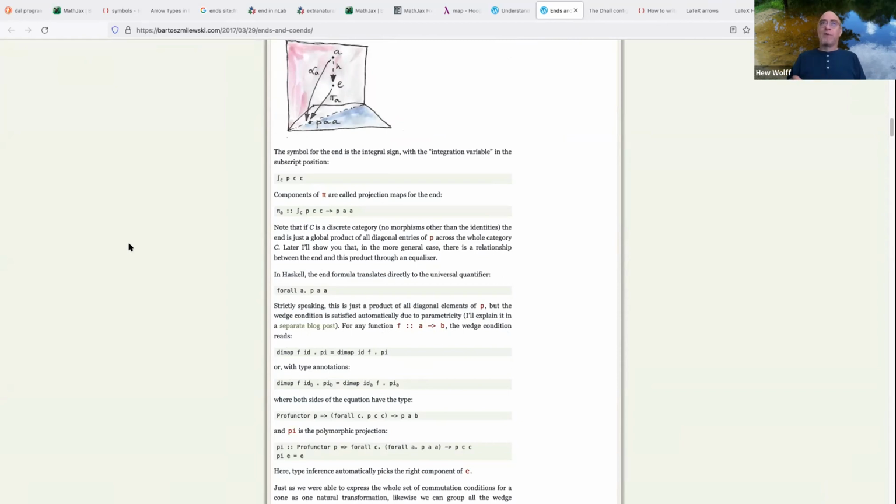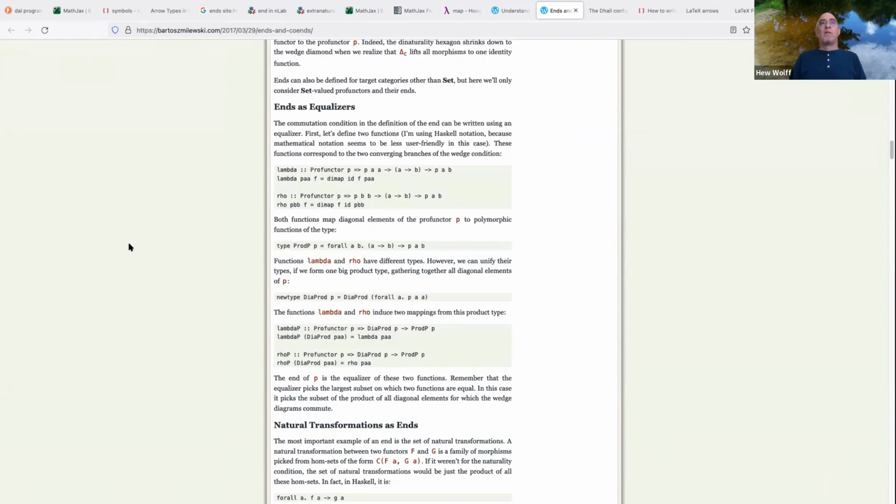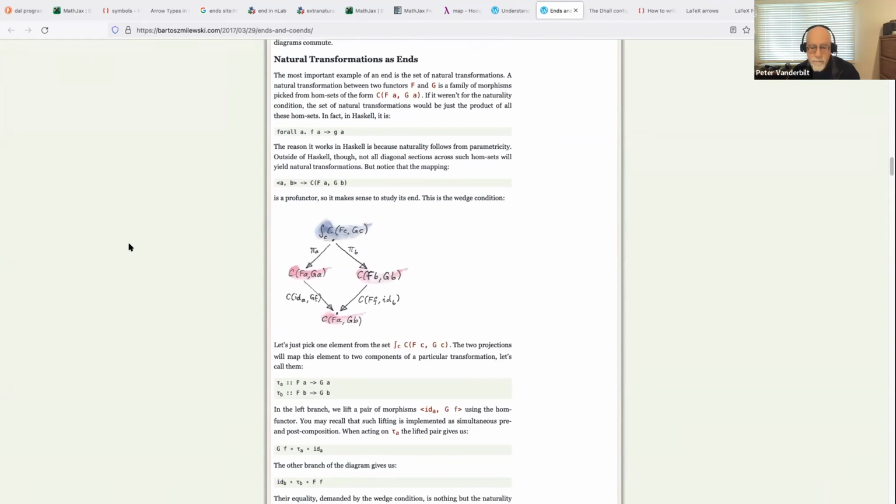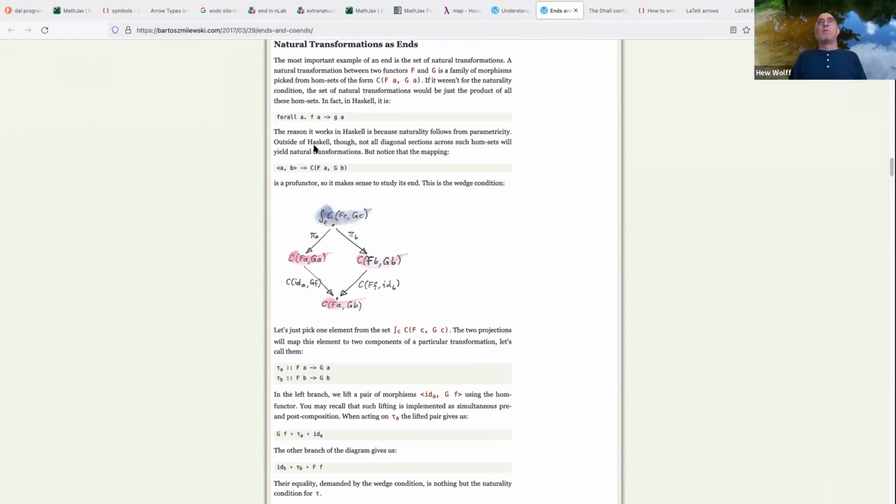This is the one that you mentioned, Yoneda, where if you choose this to be your profunctor for some functors F and G, then the end is just the set of natural transformations between those functors. Is that right? I think that's right.